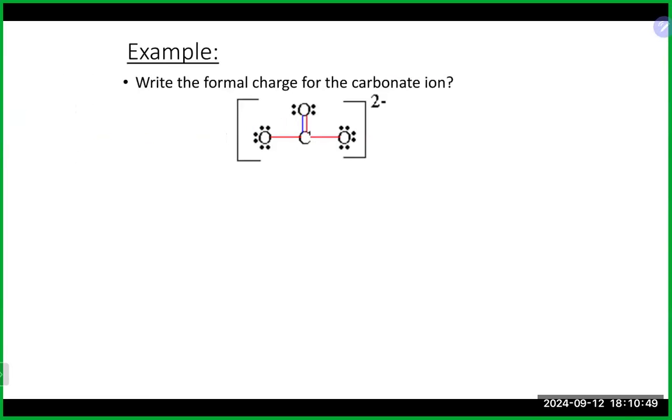So we could also look at carbonate here. Why don't you calculate the formal charge on all the elements in carbonate? For each of those 4, what is the formal charge? Okay, so let's take a look. We'll start with the double bonded oxygen.